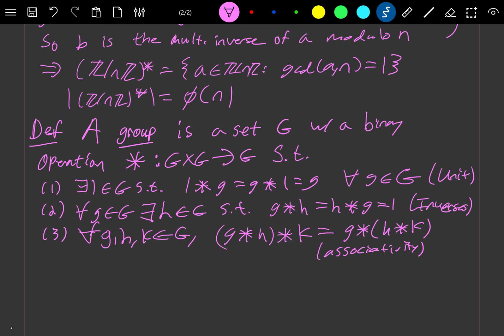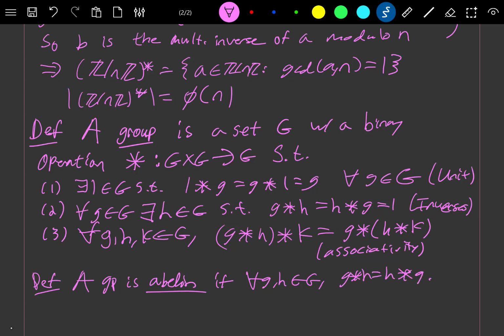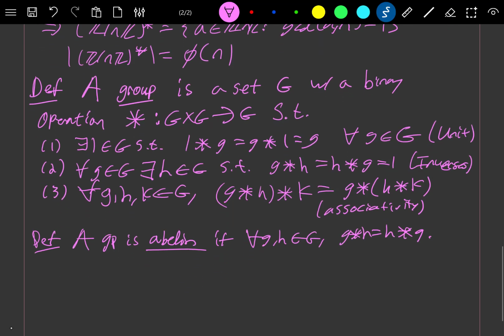Note, in general, we don't have a commutativity property. So a group is abelian if for every g, h in G, we have g times h is h times g. So you can also multiply them.